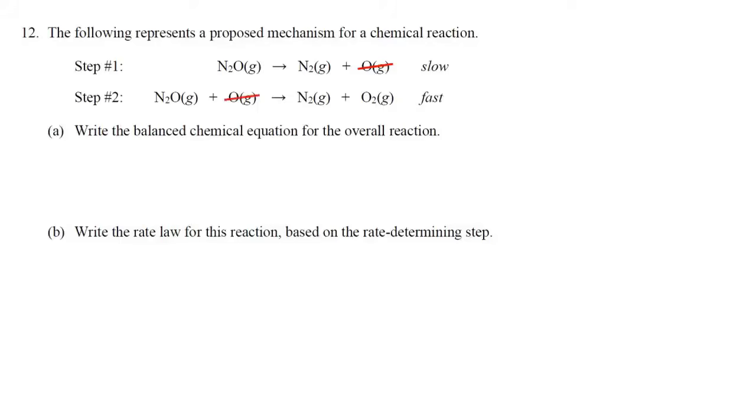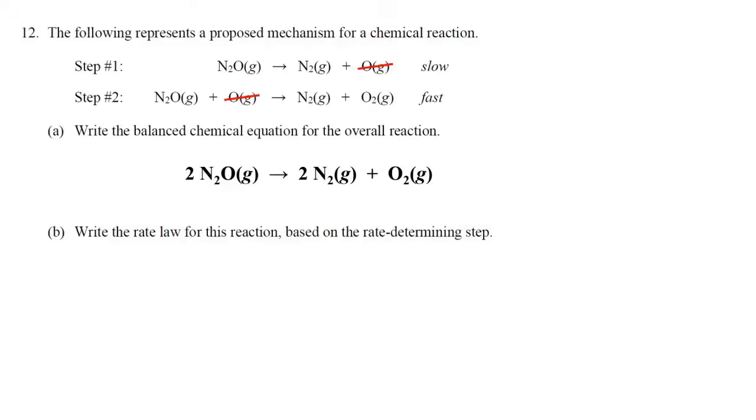So atomic oxygen would be an intermediate because it's formed in step 1 and then consumed in step 2. I don't see anything else I can cross off on both sides, so I'm going to go ahead and add step 1 and step 2 together, and I see 2 N₂O on the left, and on the right I see 2 N₂ plus O₂.